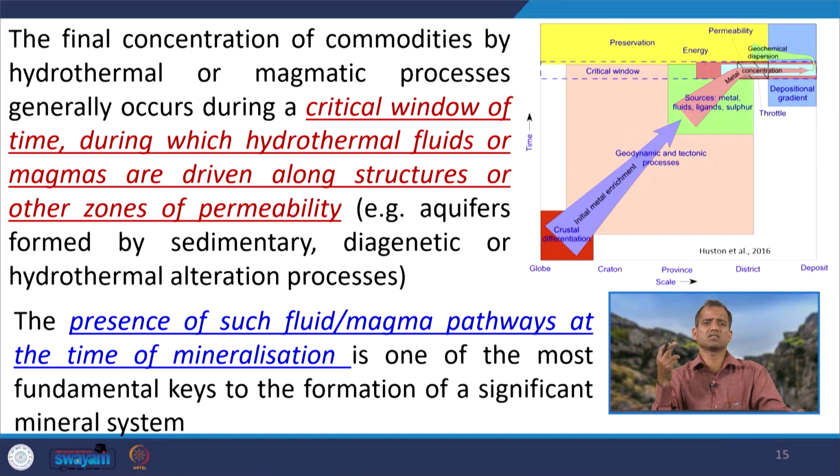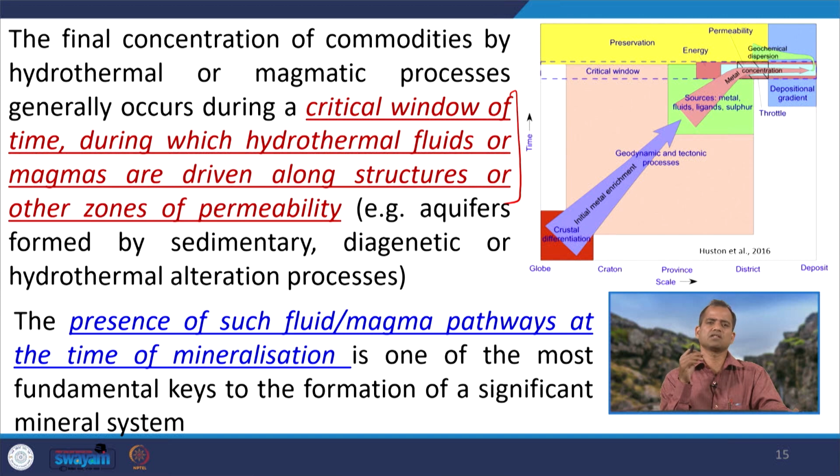The final concentration of commodities by hydrothermal or magmatic processes generally occurs during a critical window of time, during which hydrothermal fluids or magmas are driven along structures or other zones of permeability. That means we have structures like faults, like fold axes, these axial planes, like the shear zones.